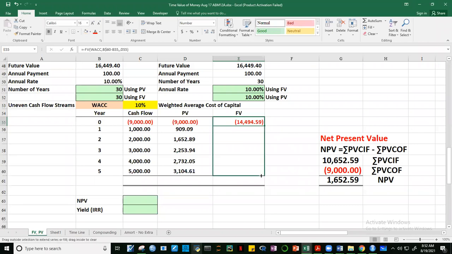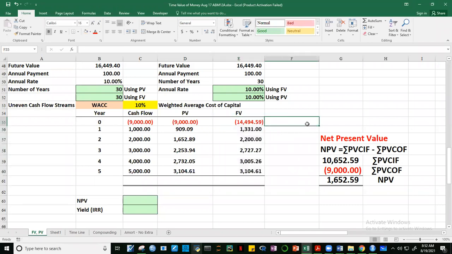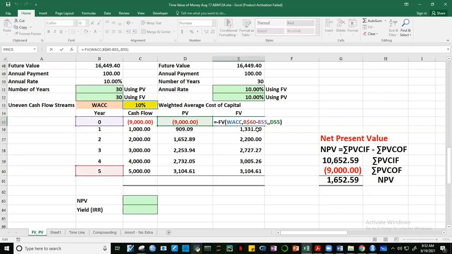So if I copy this down, okay? Okay, notice guys. Wait, sorry sorry. Ano ginamit ko? Sorry. My mistake. This should be 9,000. Mali.